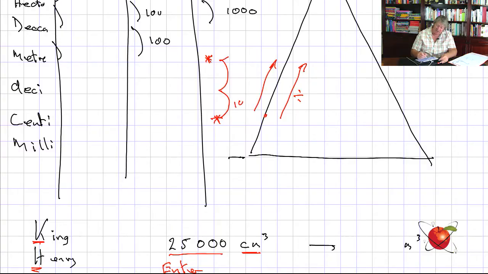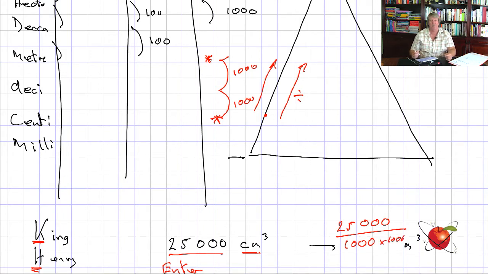So if we're going up this King Henry scale, we are going to divide. And we say how many steps? Well, we've gone up 2 steps and we're volume, so each is 1,000. So that's going to be 25,000 divided by 1,000, that's the first step, and another 1,000 is the second step.